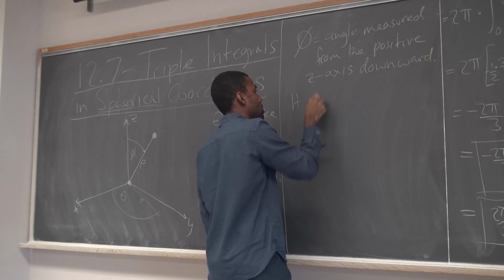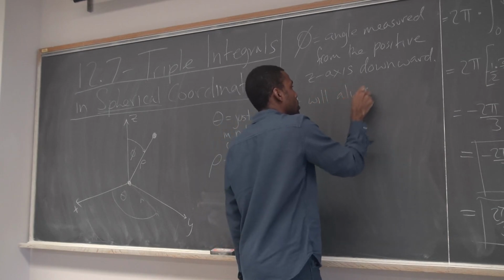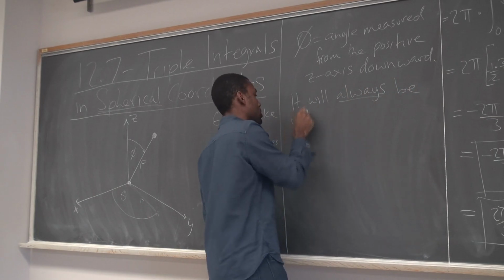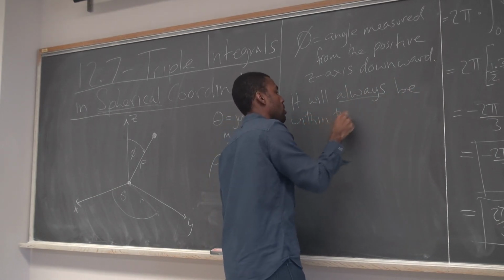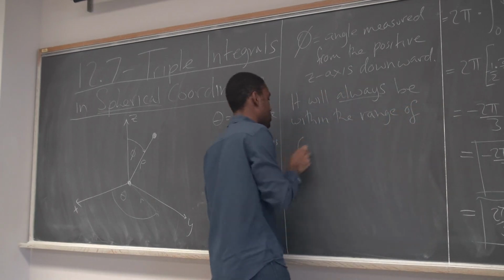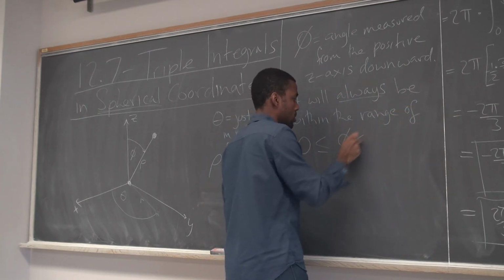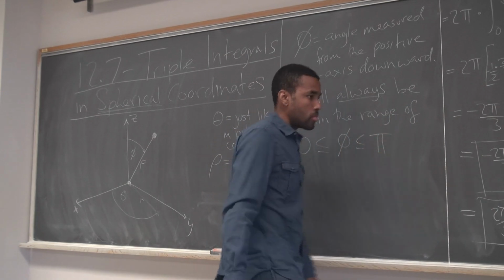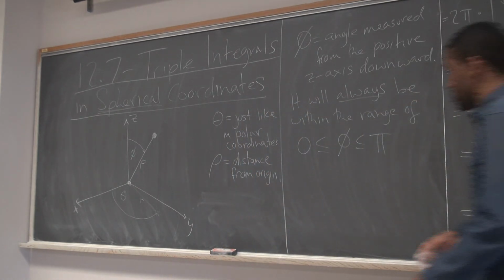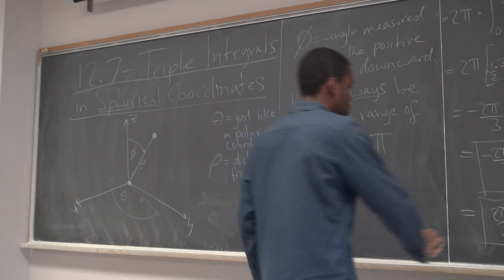It will always be within the range of zero to pi. It will always be somewhere in between those two values.